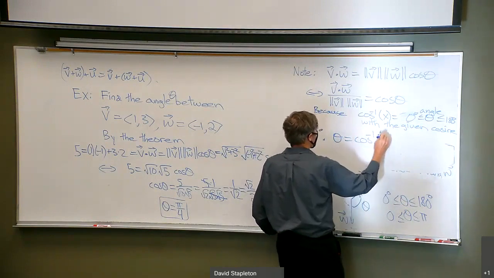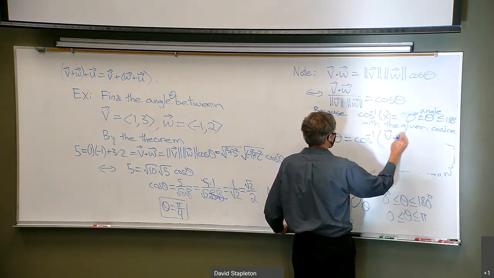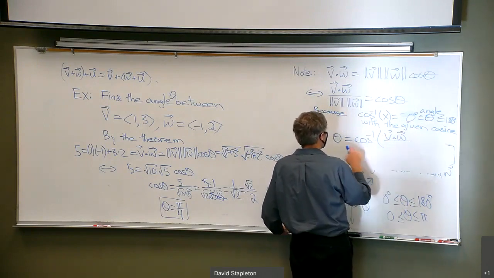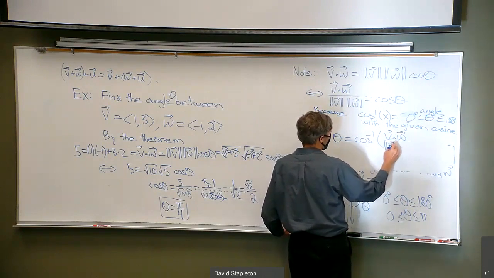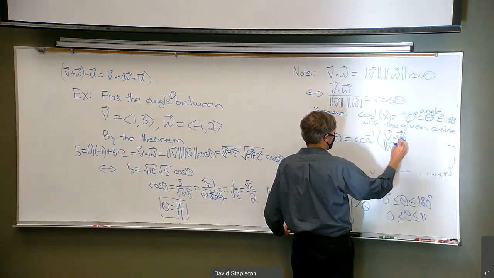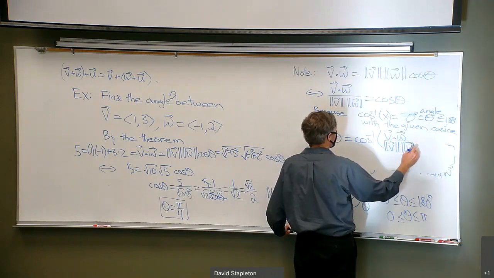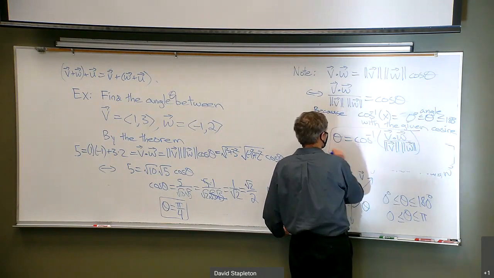So this is a useful formula that can be derived from that big theorem: the angle between any two vectors is always the arc cosine, for non-zero vectors, of V dot W over length of V, length of W. That's the angle between.